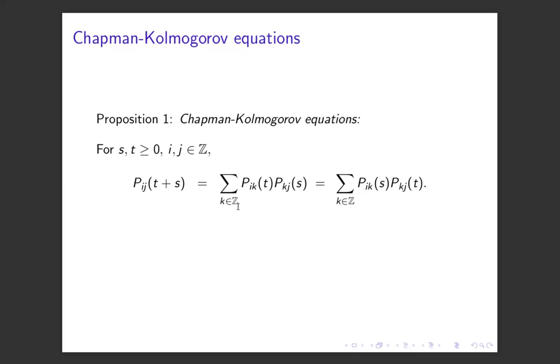If you take s as the first interval and then the next t interval on the time axis, or rather, you consider t as the intermediate time point and t plus s.